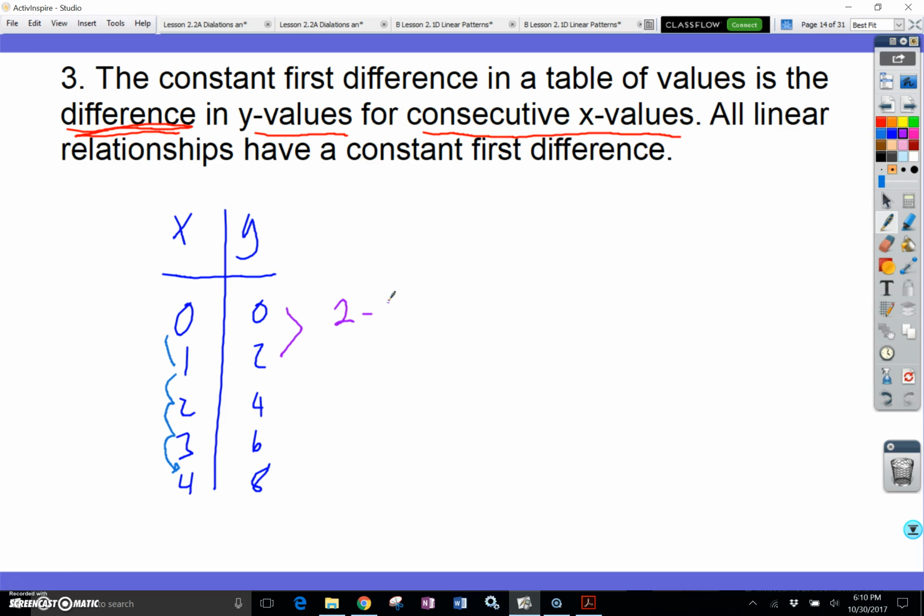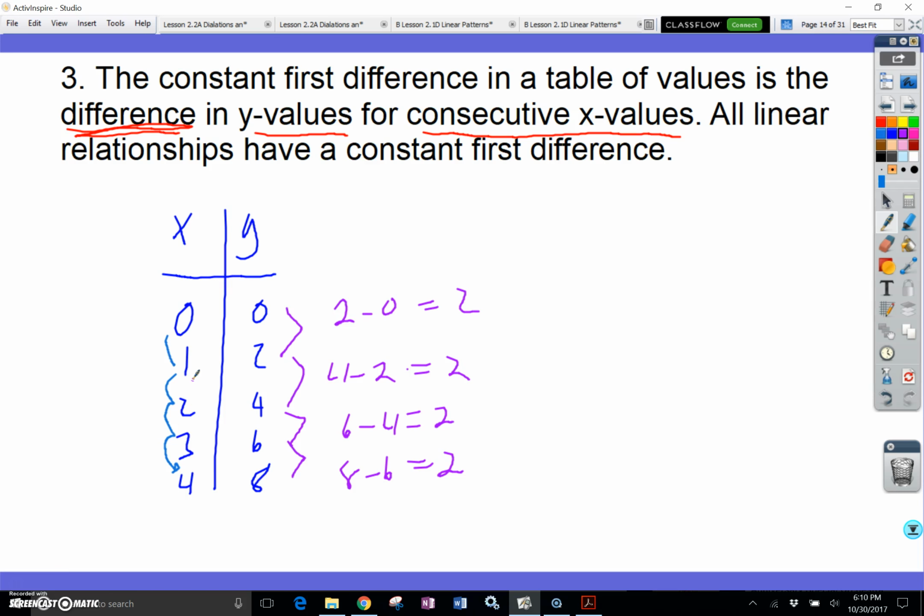This is 2 minus 0 is 2. 4 minus 2 is 2. 6 minus 4 is 2. And obviously 8 minus 6 is also 2. This is what a constant first difference is.